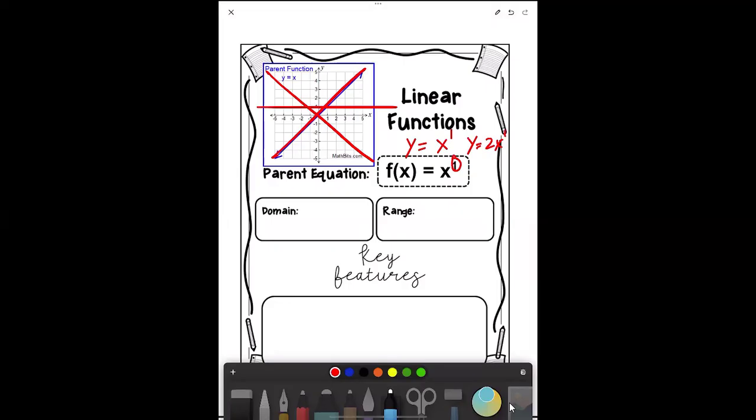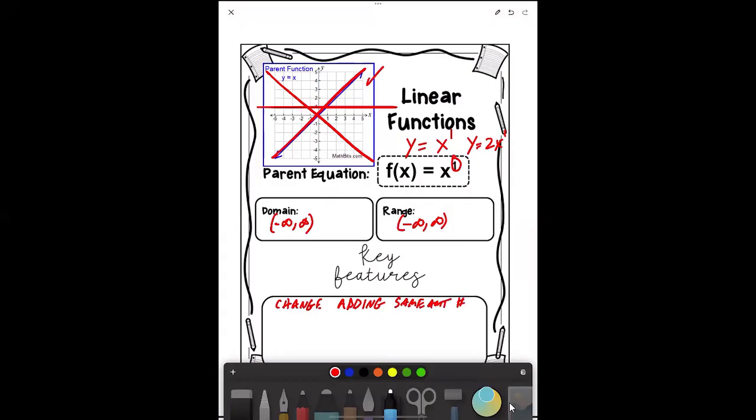From our previous lessons, you should know that the domain is negative infinity to positive infinity. The range is negative infinity to positive infinity. That should be pretty obvious once you look at the graph. Here's a couple other features. Linear functions change by the same amount. What I mean is you're adding the same number every time, right?